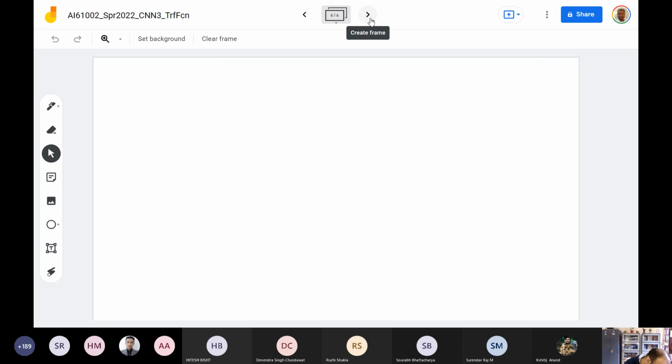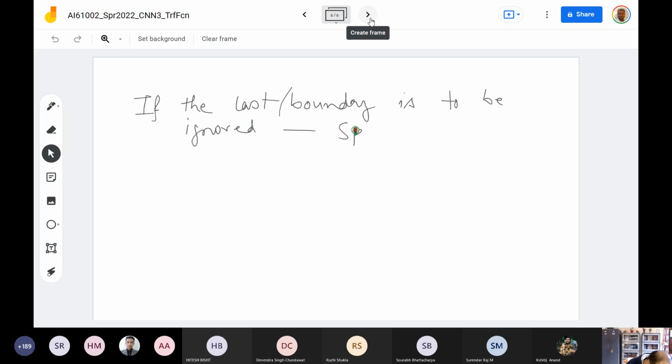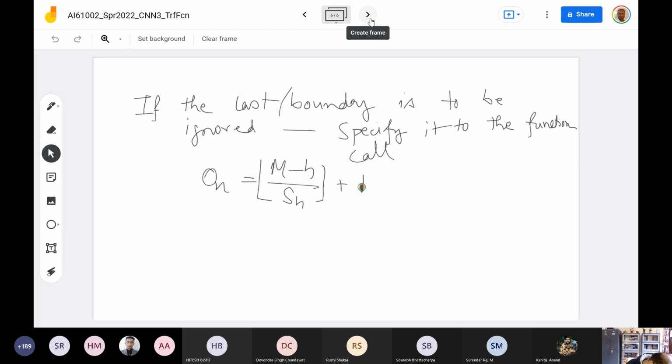So what will happen is that if the last boundary is to be ignored, then specify it to the function, I mean the function call in your library, and then essentially your OH becomes M minus H by SH, floor, plus 1.